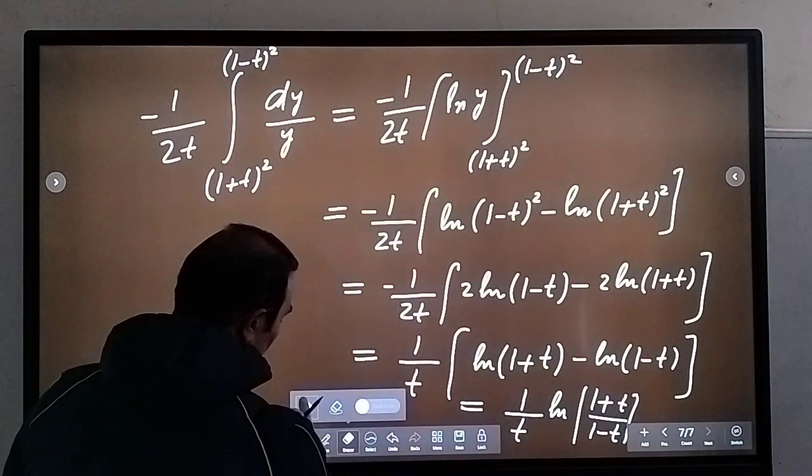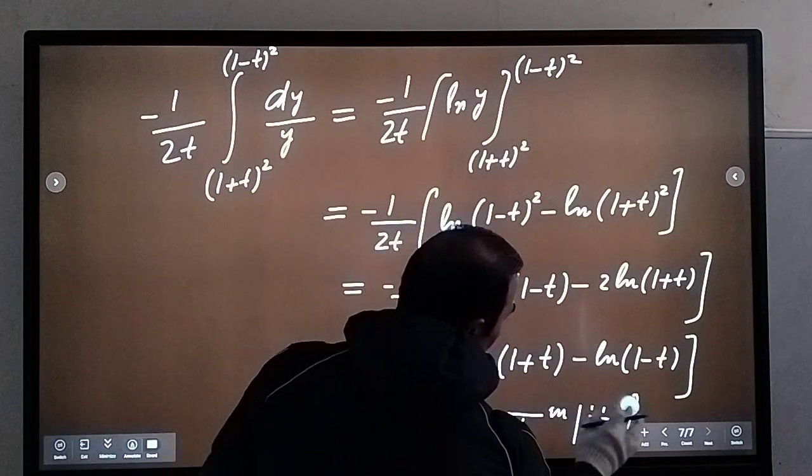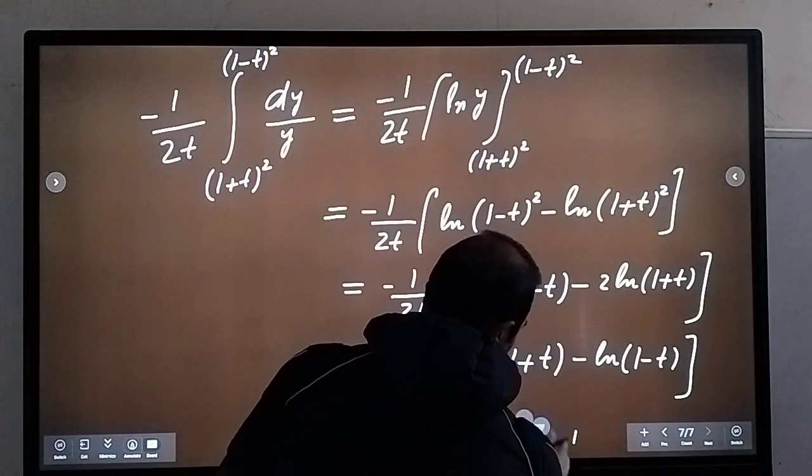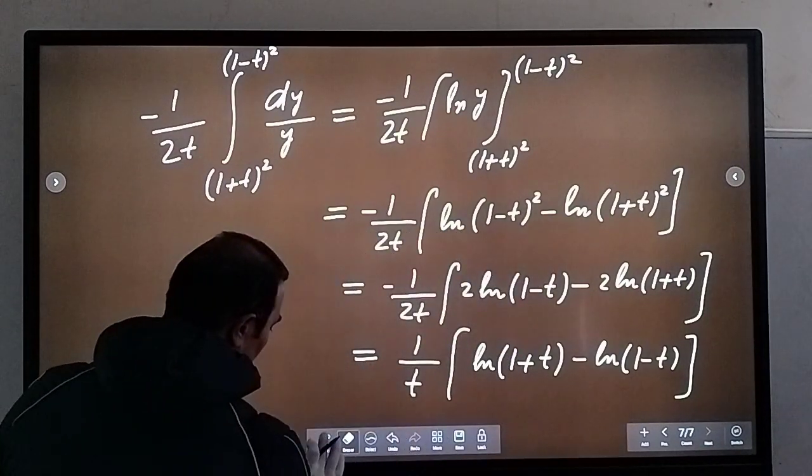So better is to write this way. There are many ways to write this, but better is to expand this because we have this log of x.